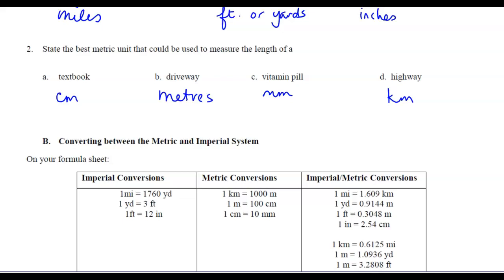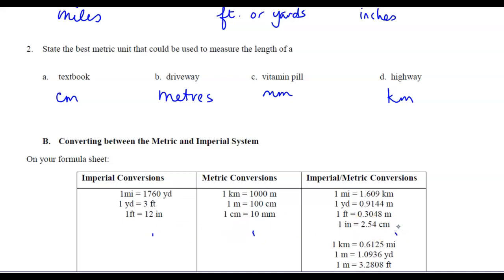Okay, so on your formula sheet, at the top right, we did yesterday between imperial, between metric, and now the bottom ones are there. So you can see it's just horizontally given to you here.